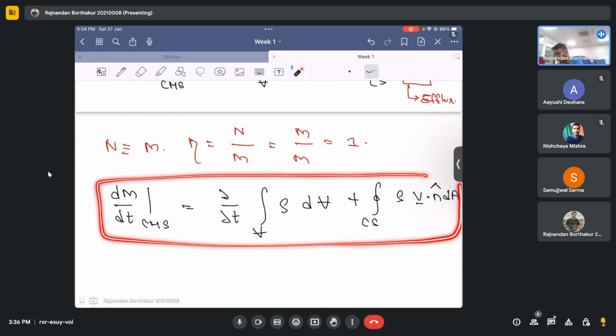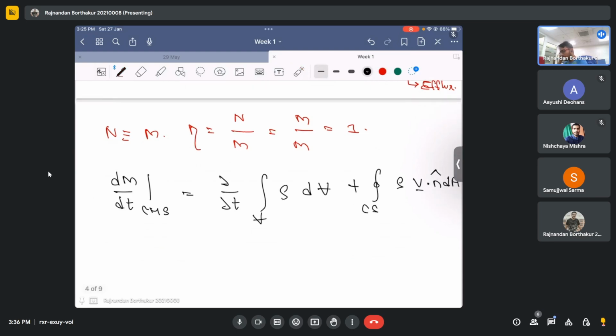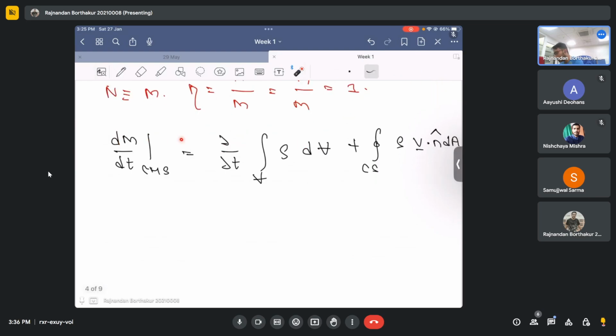This is something I think you have also done, but anyway, it's a good way of recapitulating things when you are solving a problem. Now try to understand one thing: in a control mass system, mass is always conserved. That is, this m cannot change with time, which means always remember that this dm by dt term in a control mass system will always go to 0.